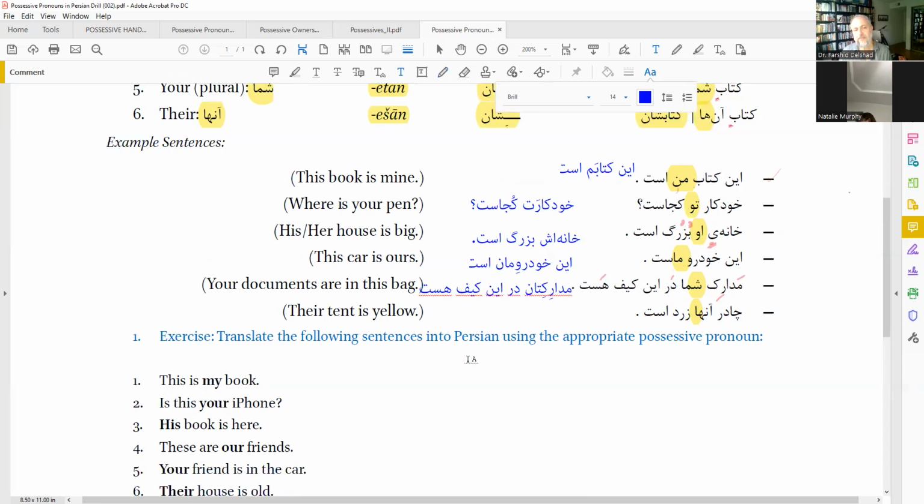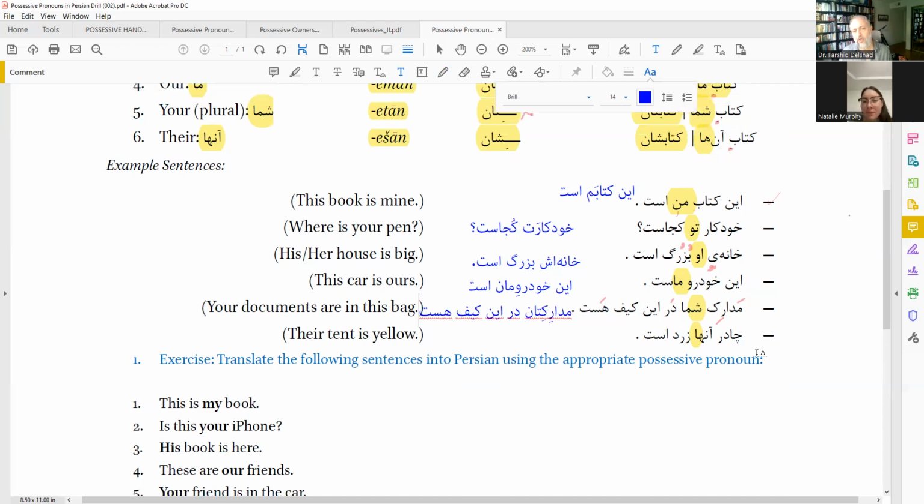The last phrase. The word chador in Persian has two meanings. The first basic meaning is tent, but it has also a second meaning: the cover from the head to the feet that Iranian women, well, traditional women, are wearing.